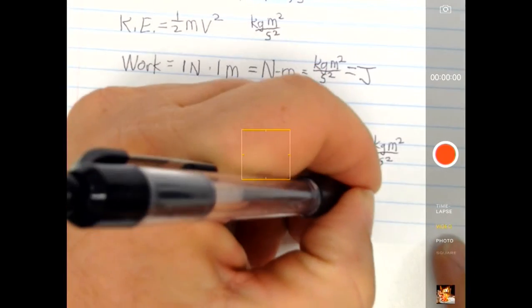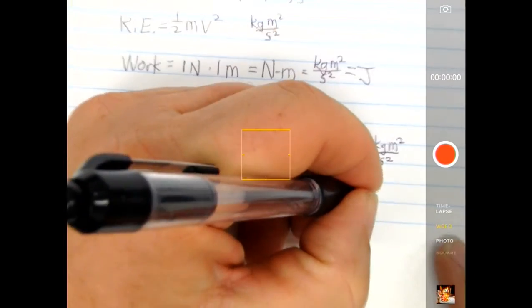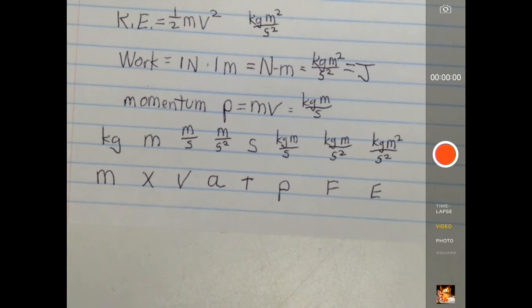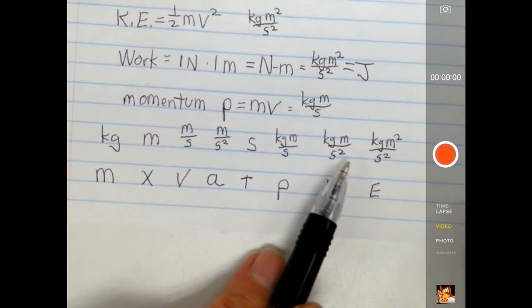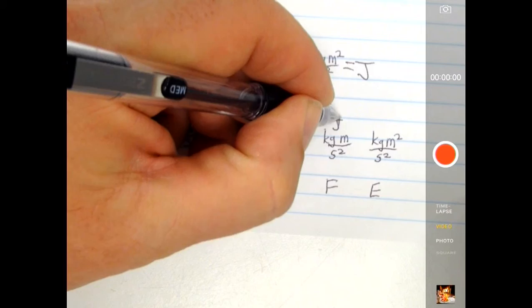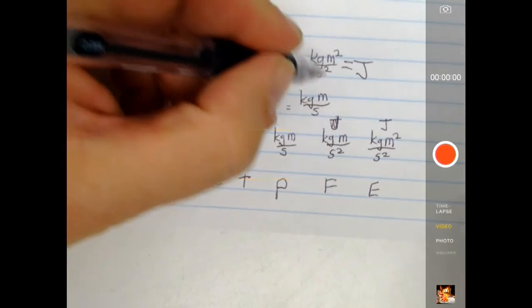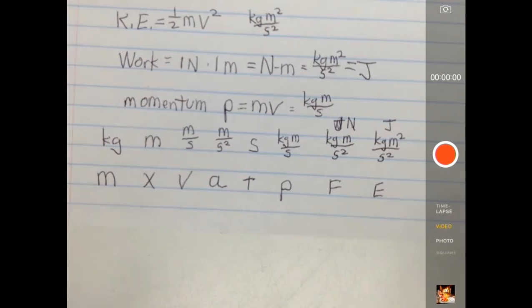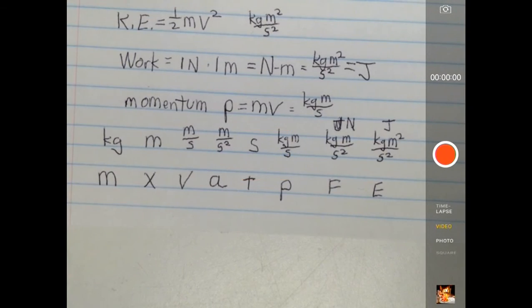Finally. Yeah, it's energy. Energy or work, it's called a joule. So these two only have their own name. This one is called a joule. This one is called a Newton. None of the others have names.